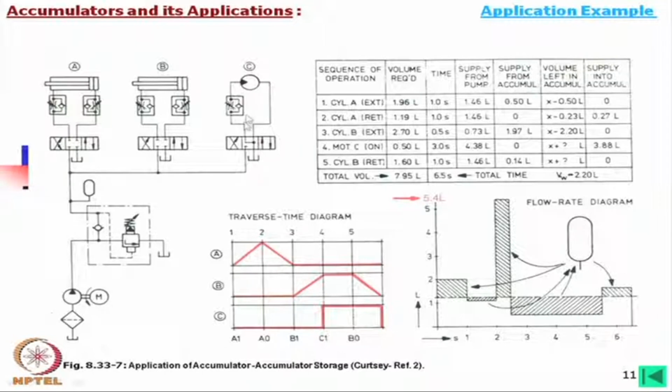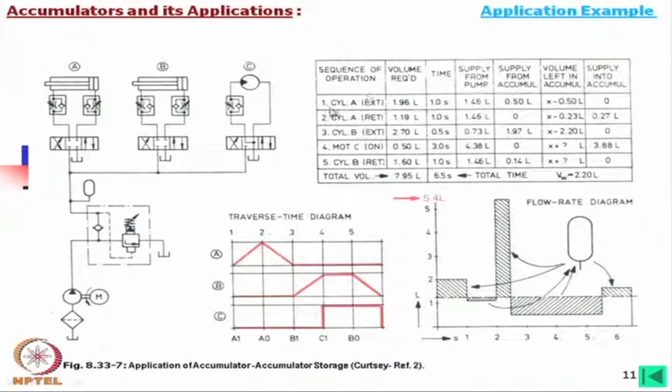In this case, this is also 4/3, but not closed center, only partially open center. Partially open center means in neutral conditions oil goes back to tank, and in neutral position the pump is closed center. That means this pump is always ready with pressure when everything is in neutral.